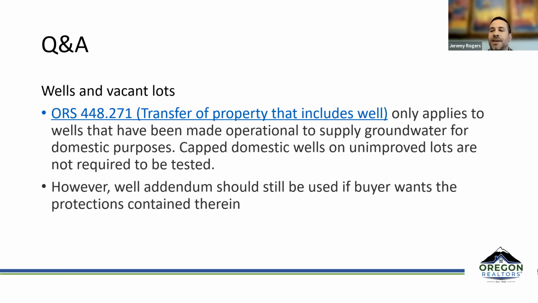However, the buyer still may want those rights, and any information that the seller has related to the well, and the right to terminate and the right to do any inspection. So I would still encourage the use of our well addendum anytime there is a well, even though that statutory requirement for seller reporting may not exist if it's a capped domestic well on an unimproved lot.